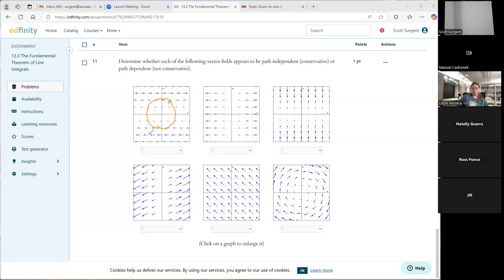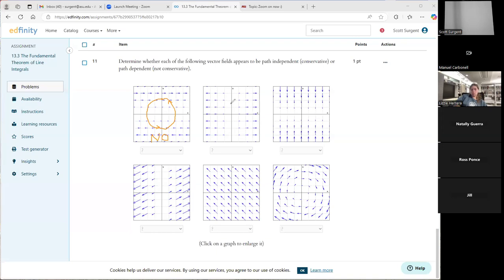In a conservative vector field, anytime you have a closed loop, you'll always get zero net work. I don't think that's going to happen here, because we're going against and against. We're not getting any canceling out. So this one appears to be a no.